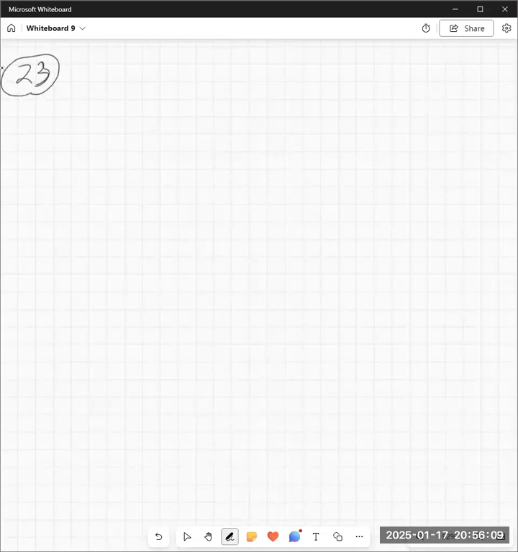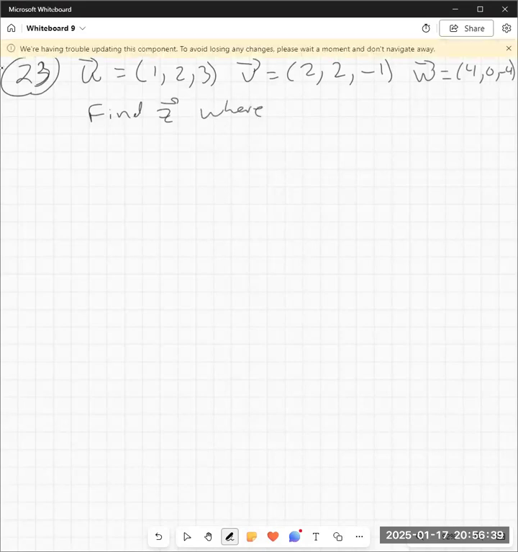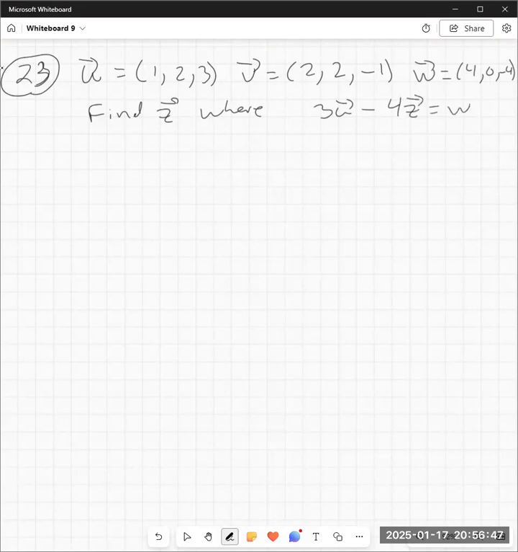Number 23 gives us a vector u that's 1, 2, 3, a vector v that is 2, 2, negative 1, and a vector w that is 4, 0, negative 4. And it tells us to find vector z where 3u minus 4z is equal to w.